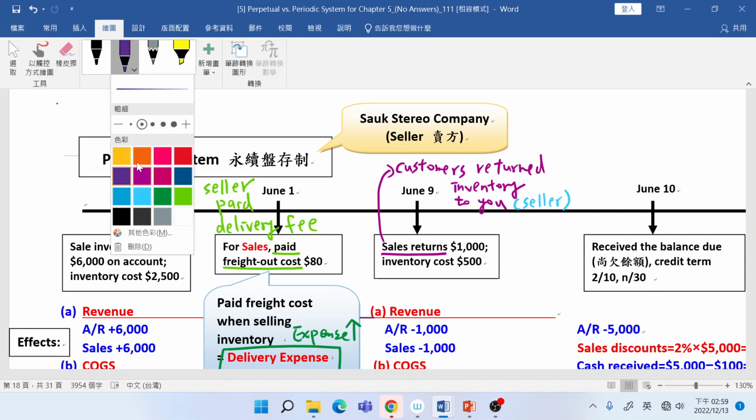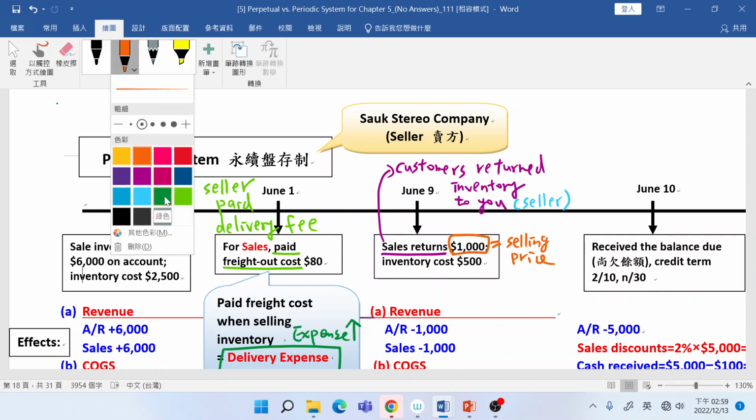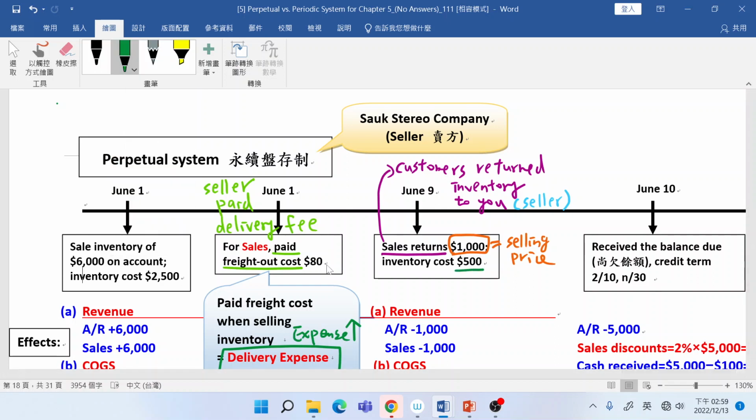They return the inventory back to you. $1,000 is the selling price. You tried to earn the revenues from customers before. For that inventory, cost 500 means what?